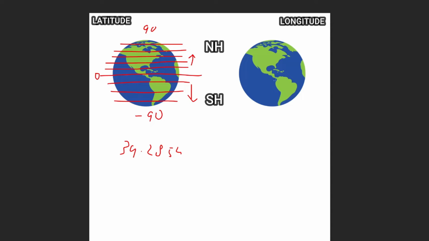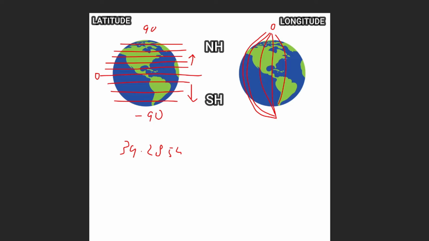Now, the longitude is slightly different because we are talking about vertical lines. We got a zero line, which actually runs directly through Greenwich in the UK, but it's not visible on this map, right? And then from there, you have lines running like this, okay? So they go from pole to pole, like that, right? And I know the drawing's horrible, but you get the idea.